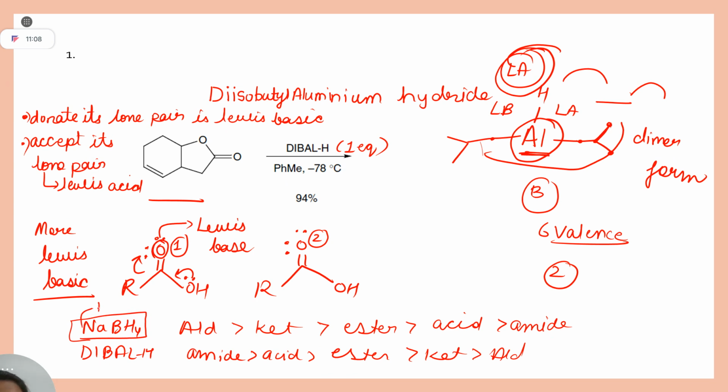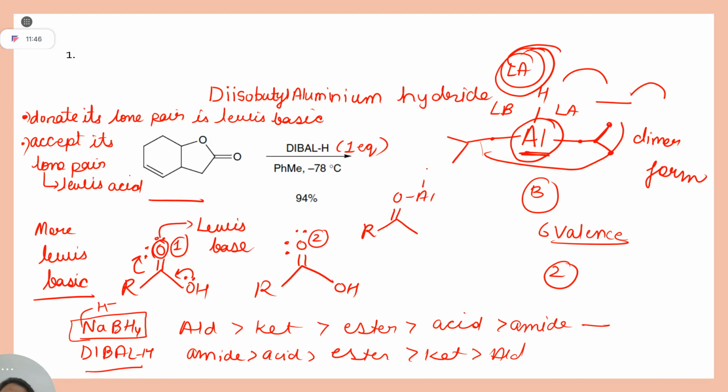It delivers H negative to the carbonyl which is most electron deficient. And we all know that the carbonyl of an aldehyde is most reactive, because here there is methyl hyperconjugation, here the ester OMe group exerts its plus M effect, and OH and NH2 basically reduce the electrophilicity of your carbonyl. But here, students, in DIBAL-H, you have the acid. First, it coordinates. Okay.